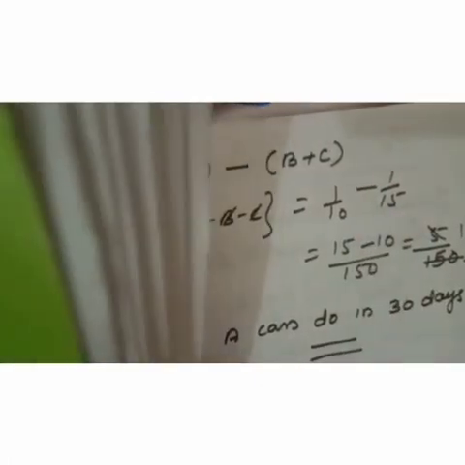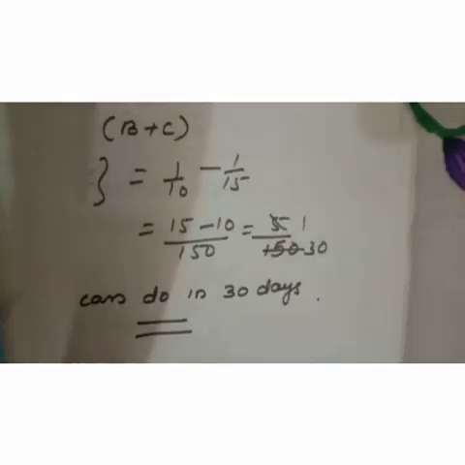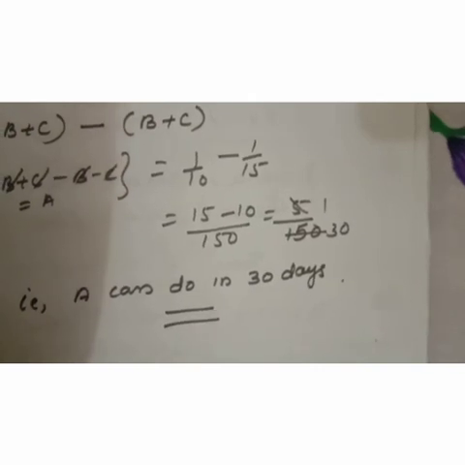So A plus B plus C is 1 by 10. B plus C is 1 by 15. Then take LCM, cross multiplication. Solve it, 1 by 30 work. Take the reciprocal. You will get that A can do it in 30 days.